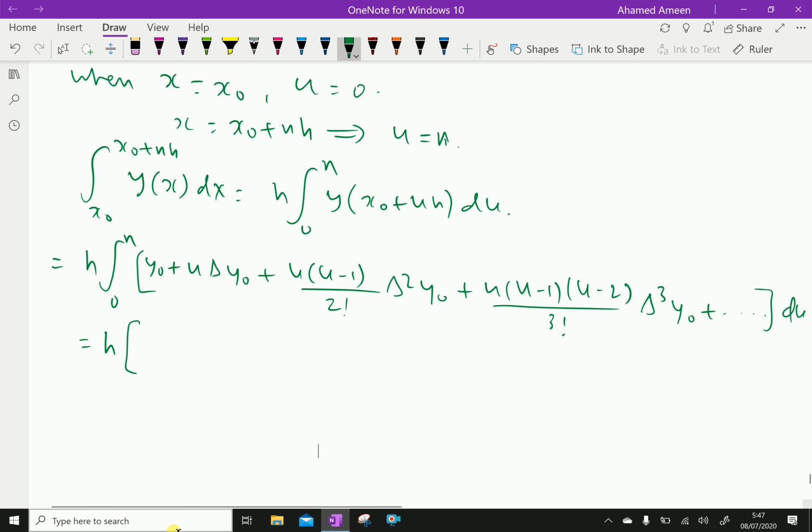Then y0 is a constant, so it gives u y0 from 0 to n, plus each term is considered. The integration of u is u squared by 2, so u squared over 2 delta y0 from 0 to n, plus u into u minus 1 is u squared minus u over 2 factorial.